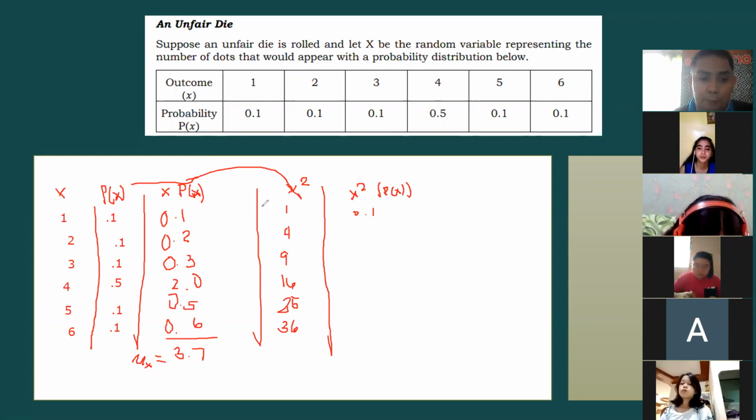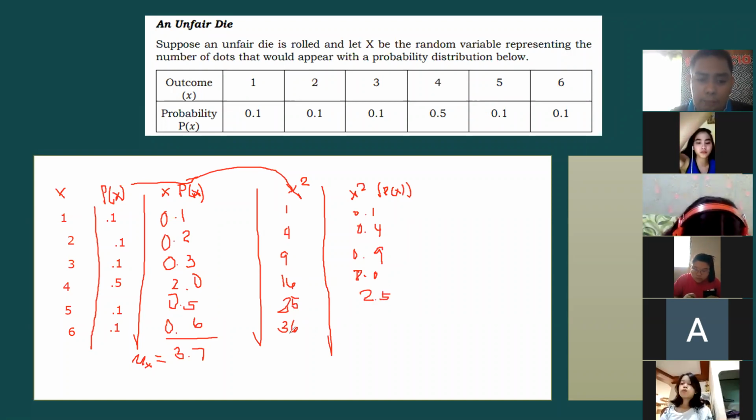So that's 1 times 0.1, it's 0.1. 0.1 times 4 is 0.4. 0.1 times 9 is 0.9. 0.5 times 16, I think it will be 8.0. If I am not mistaken, let's check. 16 times 0.5, it's 8.0. Then 0.1 times 25, that will be 2.5.